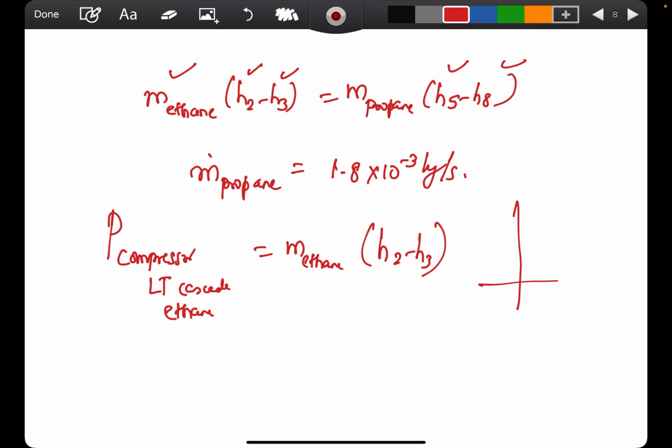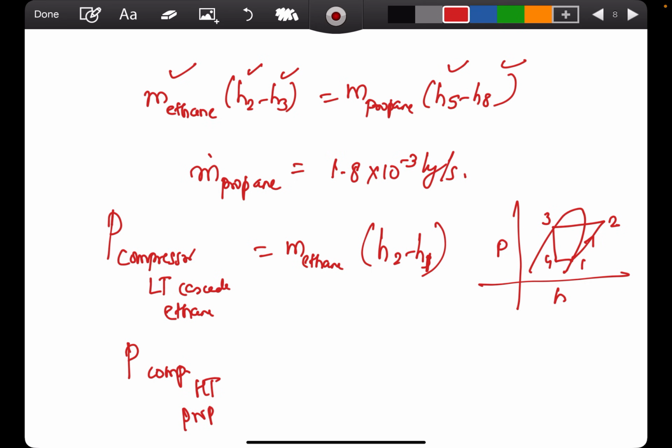Look at this, this is the pH diagram for the low temperature cascade, 1, 2, 3, 4. This is your compression.